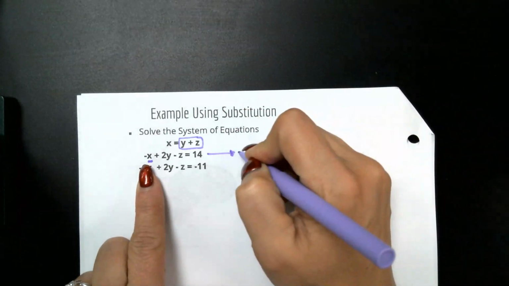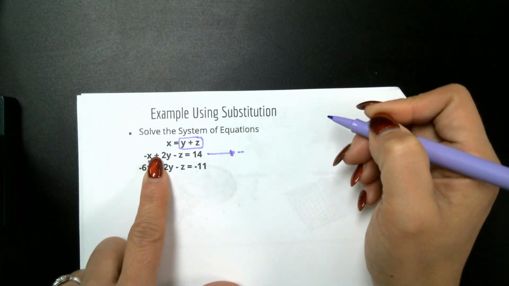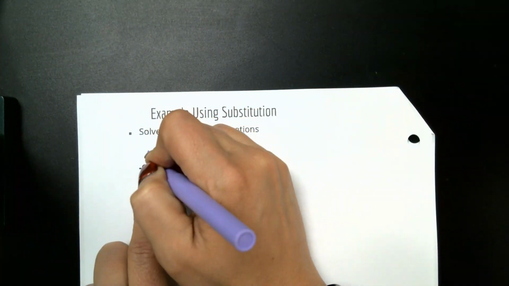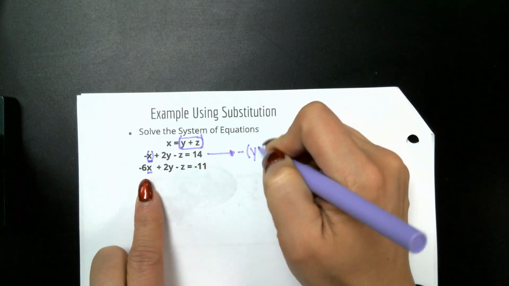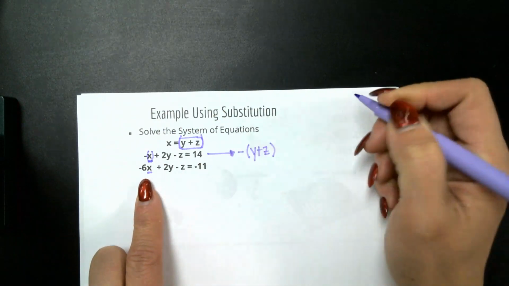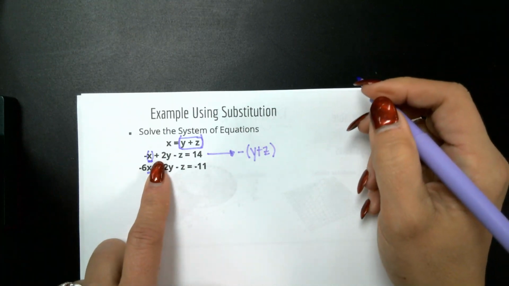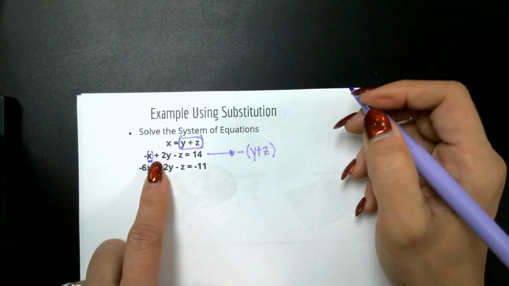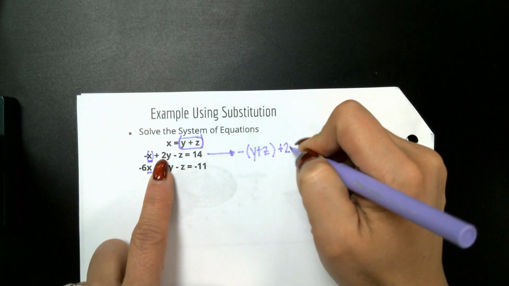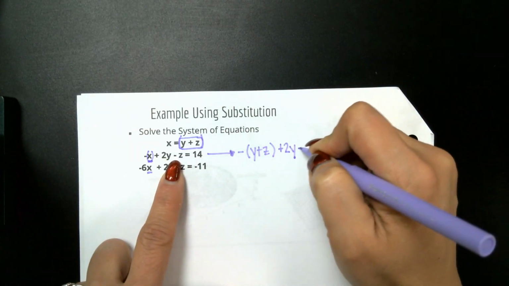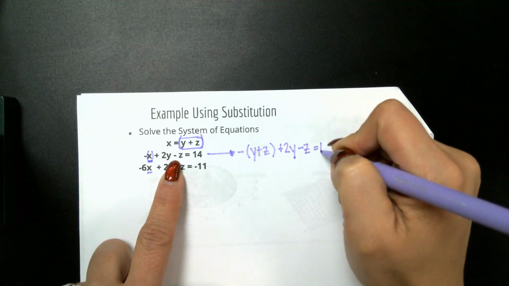I want you to put the negative sign. And then if we are replacing x with this expression, we'd put y plus z in the parentheses. And then just copy the rest of the equation down. Plus 2y minus z equals 14.